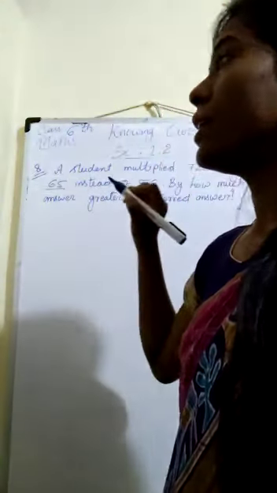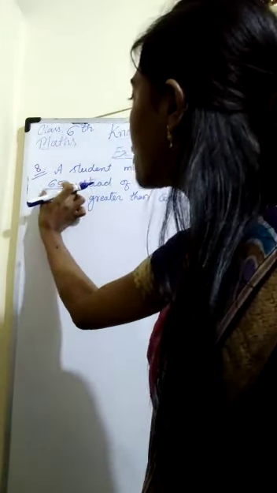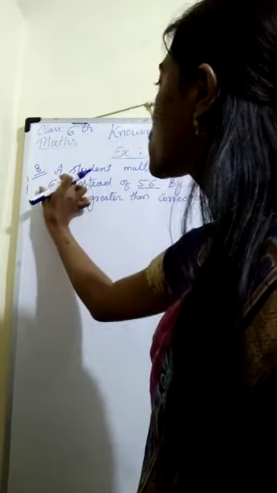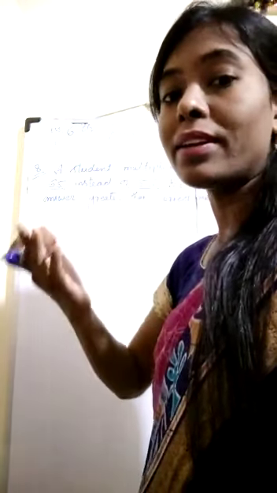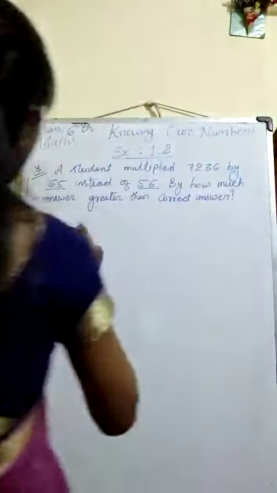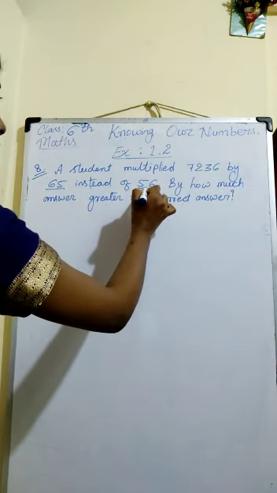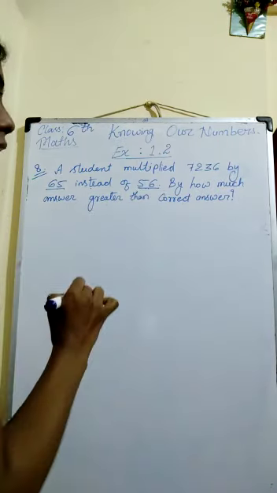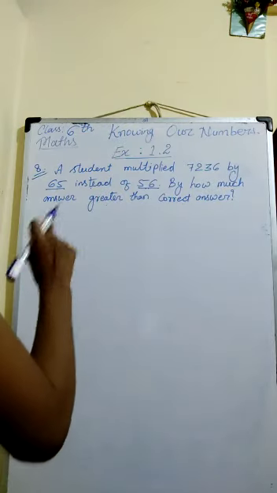So we have to see how much difference we are getting between these two numbers. That much is greater. So we have to find the difference between 65 and 56, so that we can understand how much difference we are getting between these two.